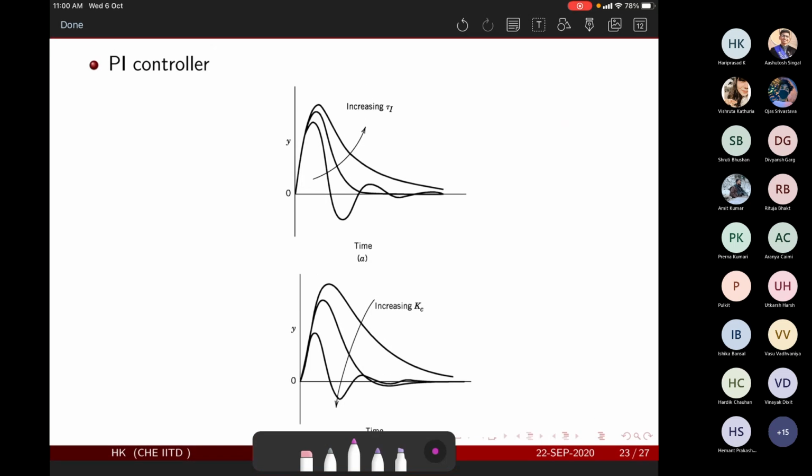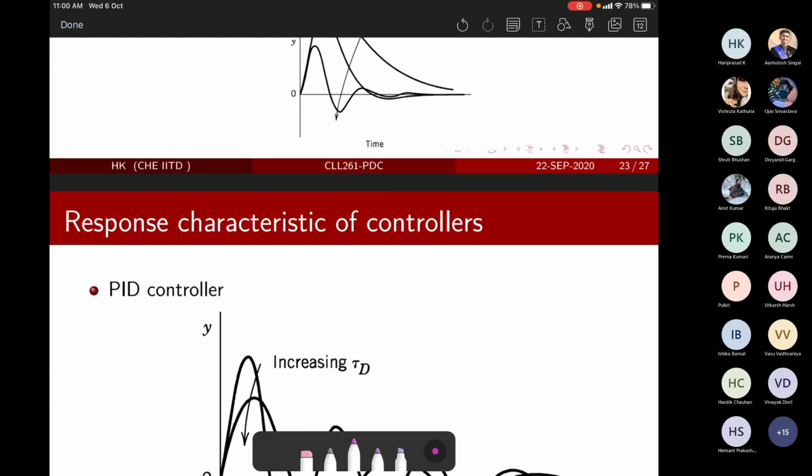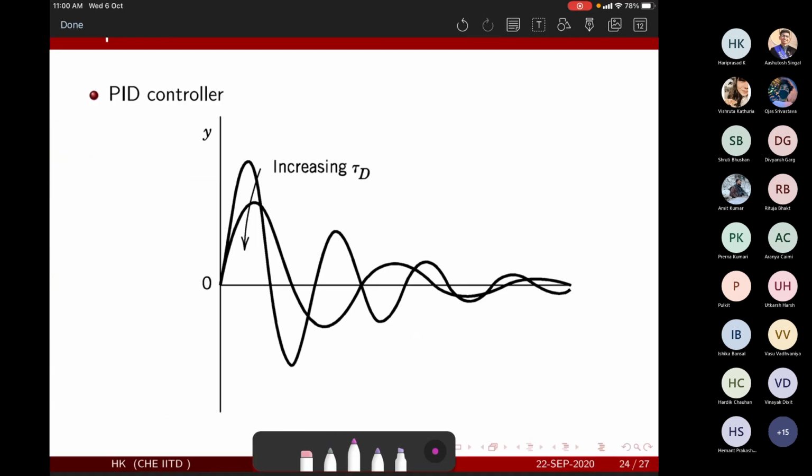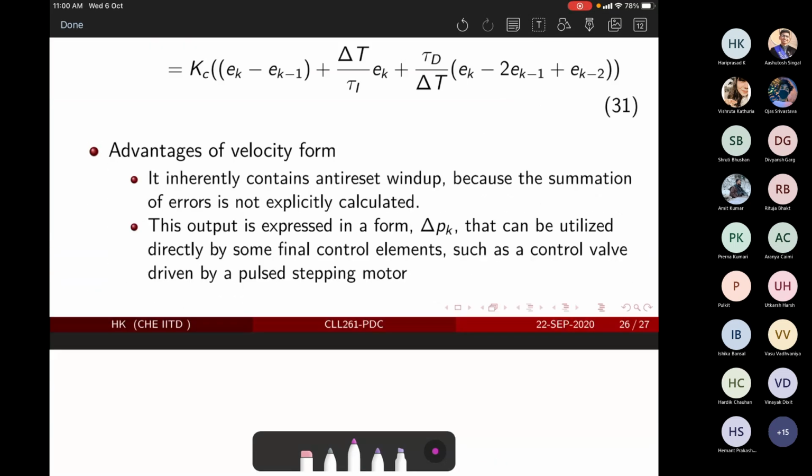Then if you increase tau I for a PI controller, the performance becomes smoother. A decrease in tau I would give more oscillation, and P's effect would remain as it is. The same applies for tau d. If you increase tau d, the level of oscillation would keep on decreasing because this accounts for the rate of change of error. I will stop here.